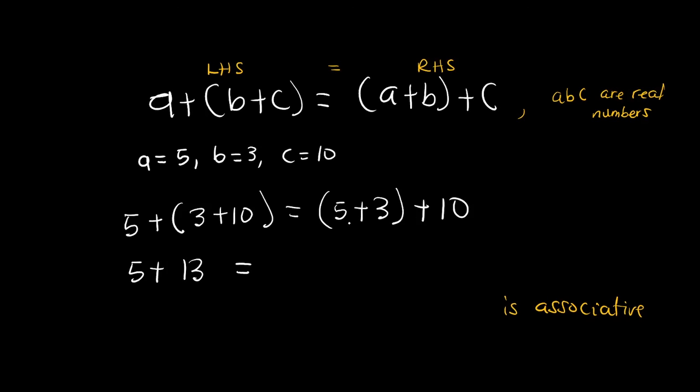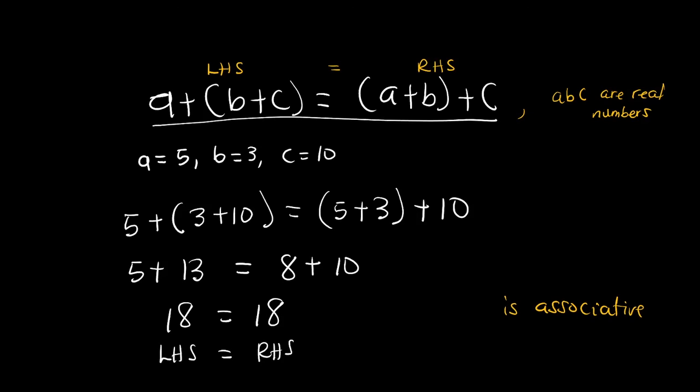On the other side, 5 plus 3 gives me 8, plus 10, which I maintain. So 5 plus 13 gives me 18, and 8 plus 10 also gives me 18. Because the left hand side is 18, the same as the right hand side, which is also 18, it means that this expression is associative.